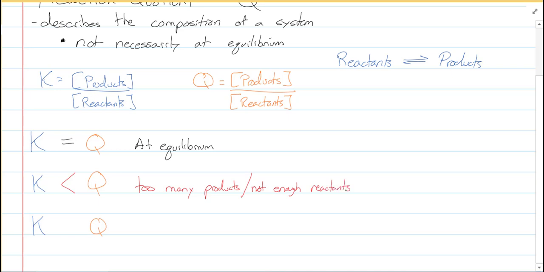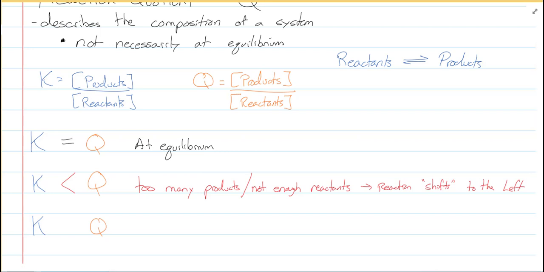So that means the reaction shifts to the, well, let's look at it before we think about this. If products is too big compared to reactants, some products have to go back to reactants. So this direction is going to go more. That means it would shift to the left, to the reactants.